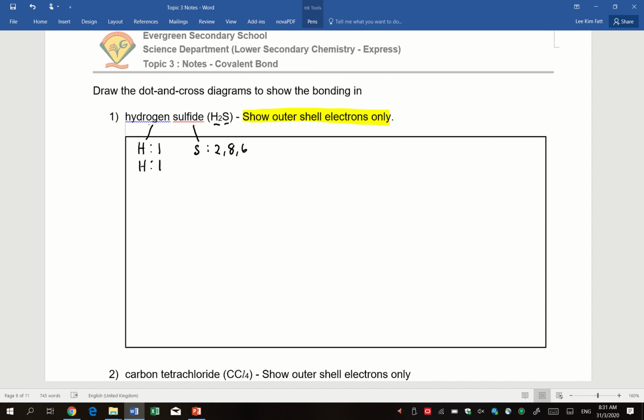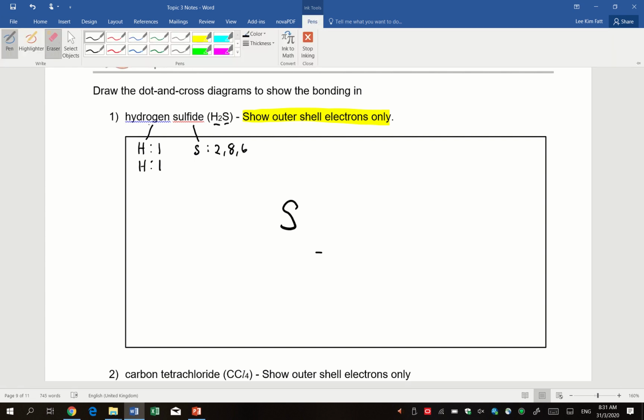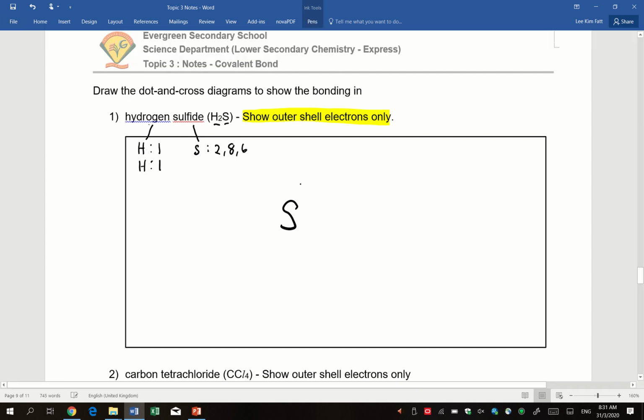Alright, so let's take a look. So I'll draw sulfur first. One, 2, 3, 4, 5, and 6.